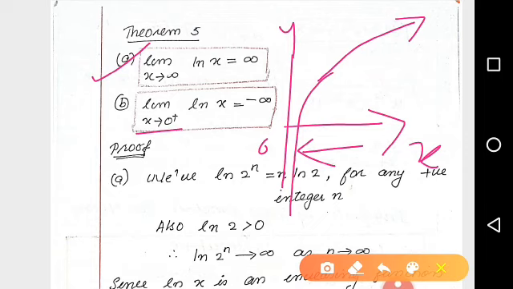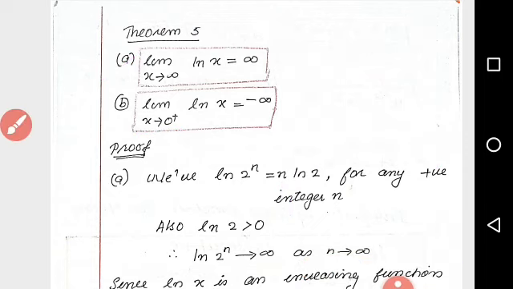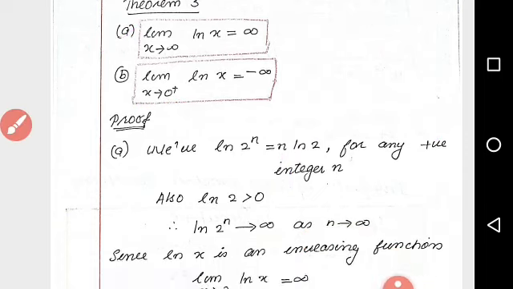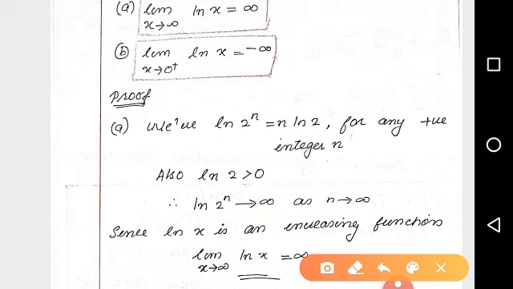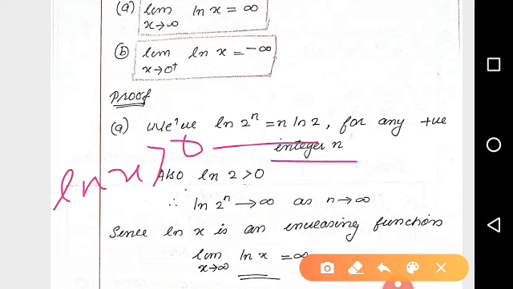And to prove the A part, we are taking ln of 2 raised to n. By the property of ln, we know that ln of 2 raised to n is n ln of 2 for any positive integer, and ln 2 is greater than 0.